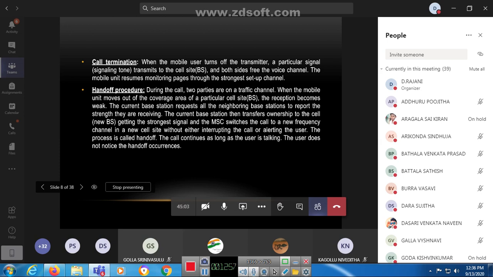During the call time, the mobile will be moving from one place to another place. At that time, if it covers the area, there is no problem. When moving, if it goes out of the coverage area, the handoff will occur. So that is the handoff procedure.